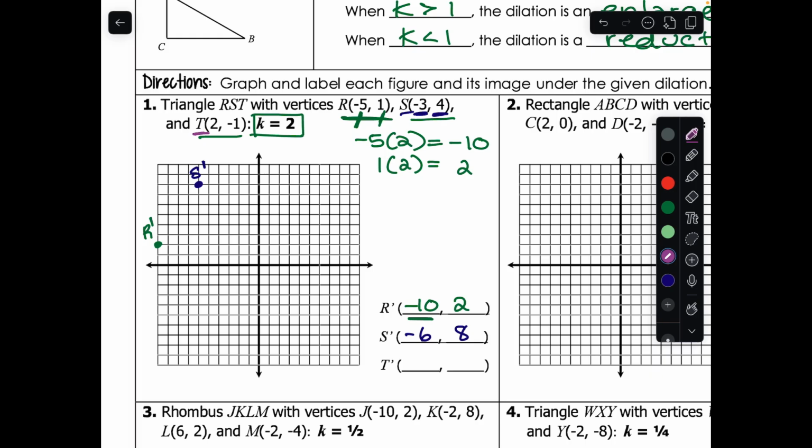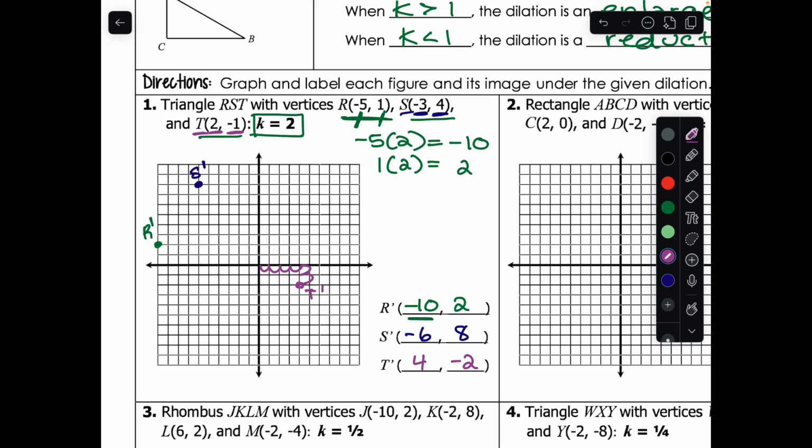And then for T, we do those same steps. Our x coordinate's 2, so our T prime x coordinate is going to be 4, because 2 times 2 is 4. Our y coordinate's -1. -1 times 2 is -2. So our T prime is going to be 4 to the right, 1, 2, 3, 4, and 2 down from the origin.